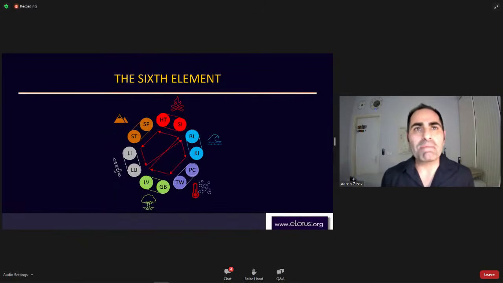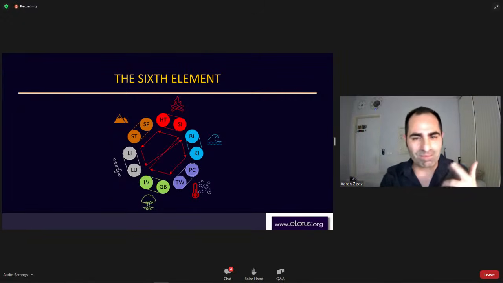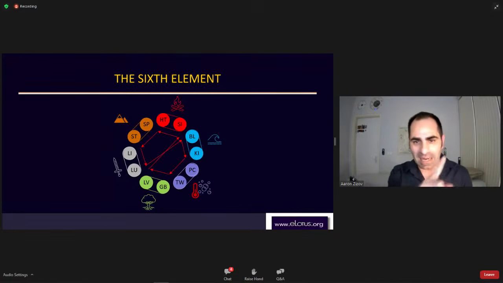Because of the specific locations of pericardium and triple warmer meridians, they have an internal movement which covers all the meridians. They are like the connectors to all the meridians. And if you remember, later on when we look at the constitutional energy, we will see that all meridians go through zigzags from the fire, from each meridian.